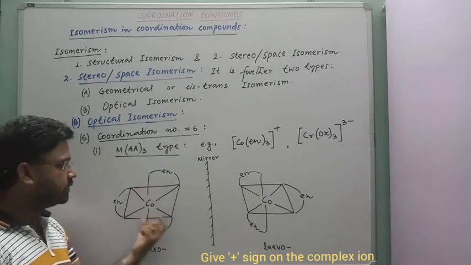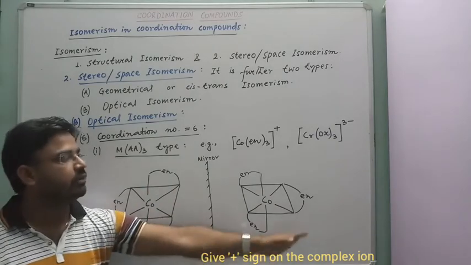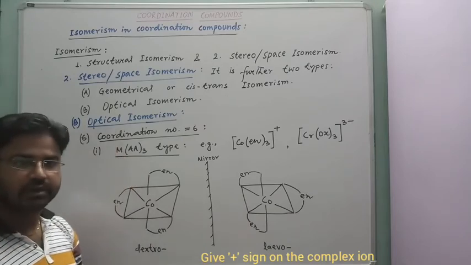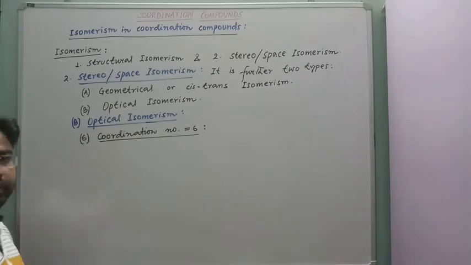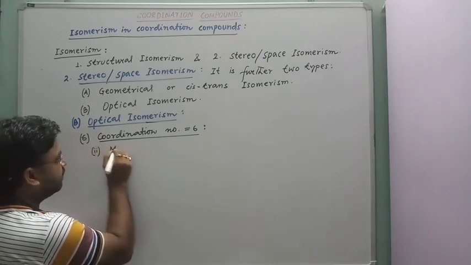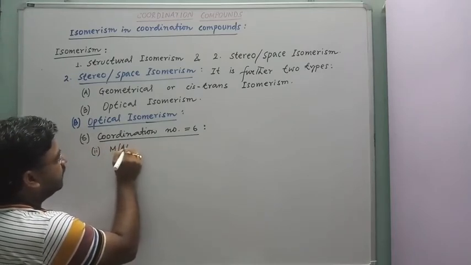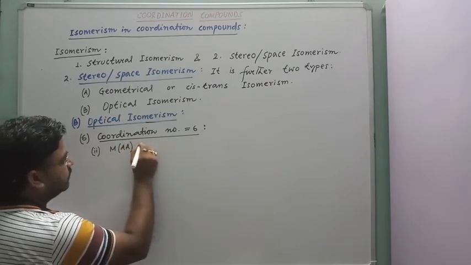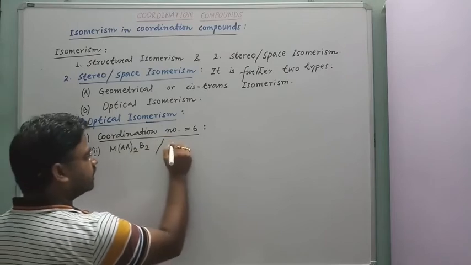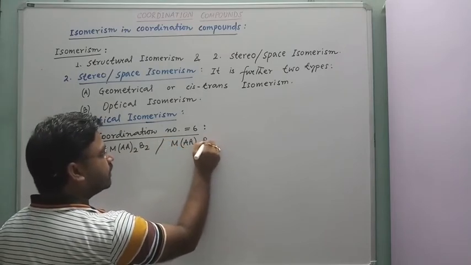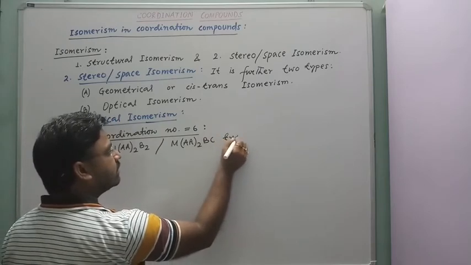Dextro, then the name of this compound; levo, the name of this compound. So MAA3 type first. Next, number 2, MAA2B2, or we can write MAA2BC type.